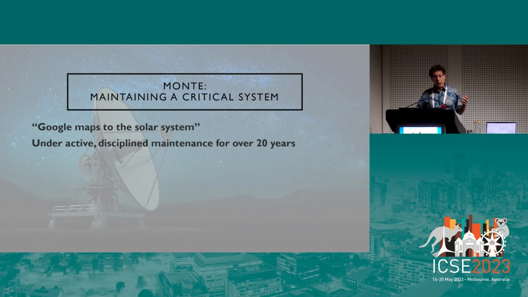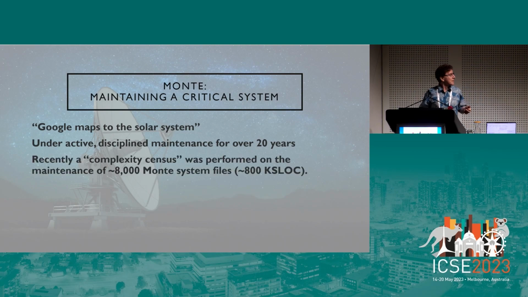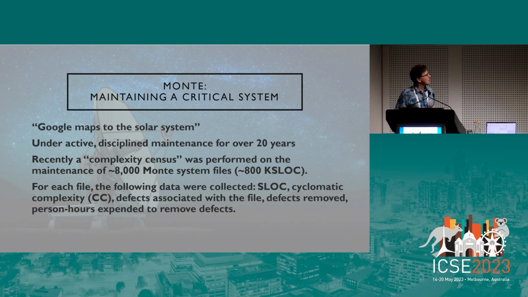So this is a large, active system, 800,000 lines of code. And NASA has a policy that for safety critical systems, as you'll see in a minute, they want to ensure that the systems have appropriately managed, mitigated risks.